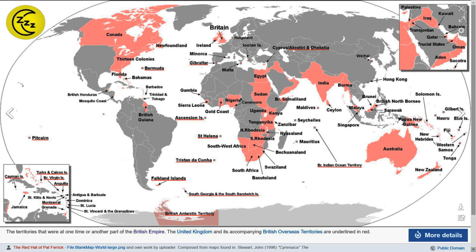Movements for the end of slavery came to fruition in British colonial possessions long before the similar movement in the United States. The trade was abolished in 1807, and slavery itself in Britain's dominions in 1833.